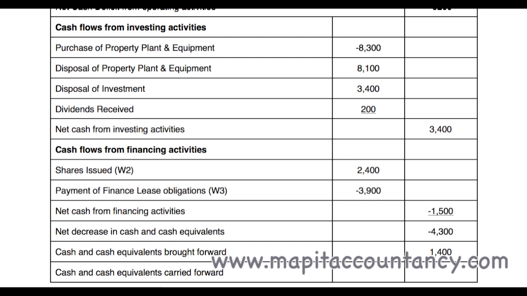So the cash and cash equivalents carried forward in 2011 was 2,900 of an overdraft. It was negative. So we can see that that works. Our 1,400 brought forward less the decrease in cash and cash equivalents that we've calculated in our cash flow statement gives us the cash and cash equivalents carried forward into the next year of 2,900. So we know that the cash flow statement is correct.